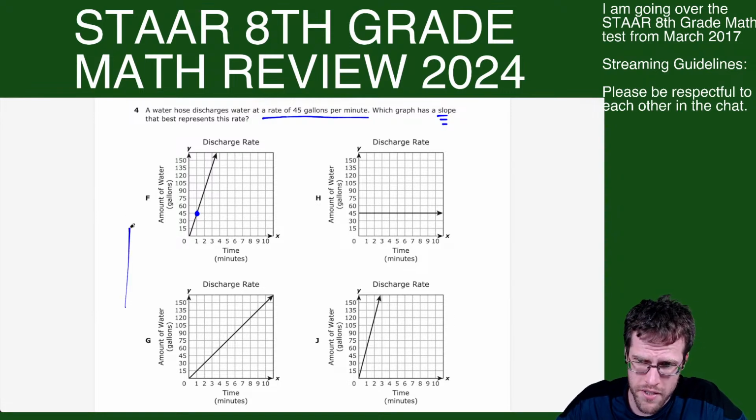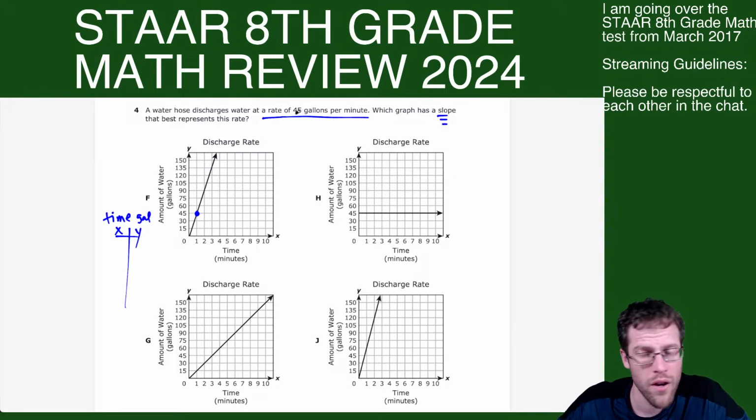So if I just think of a table here, let's say X is time, which they're labeling. And the Y axis is modeling the amount of water in gallons. If we're talking about a hose that discharges water at a rate of 45 gallons per minute, that means 1 minute goes by, 45 gallons comes out.